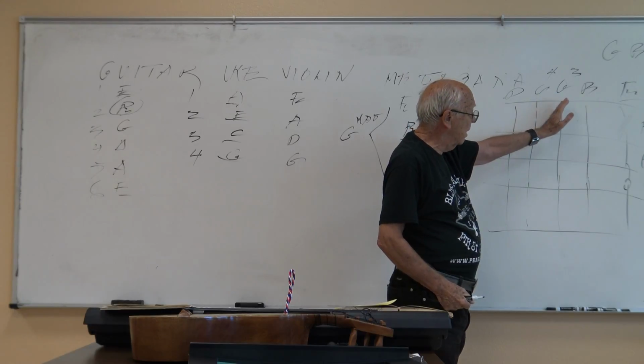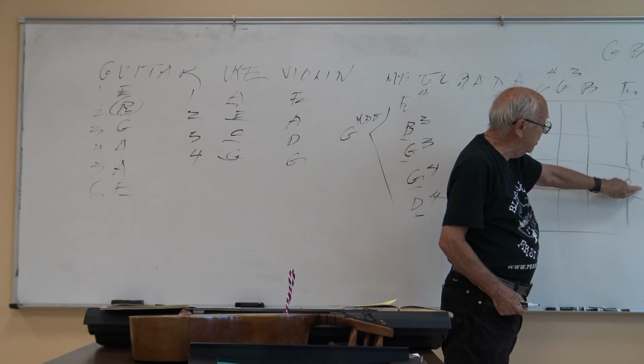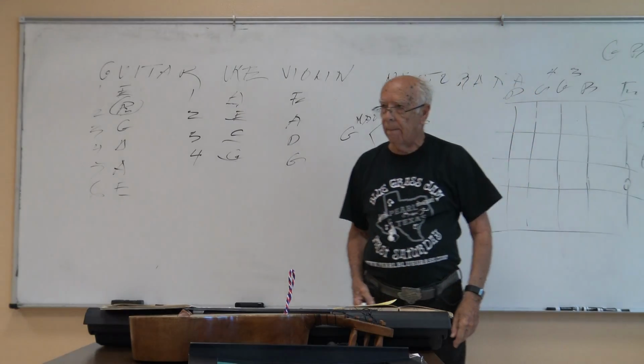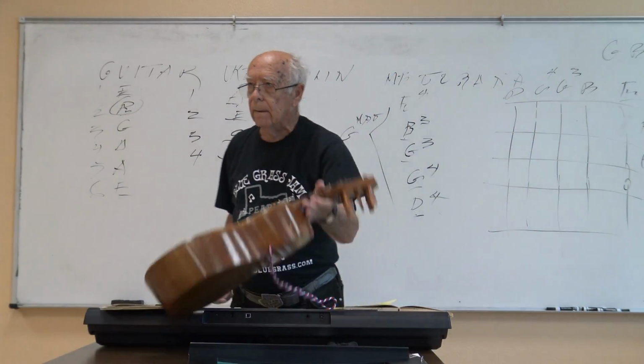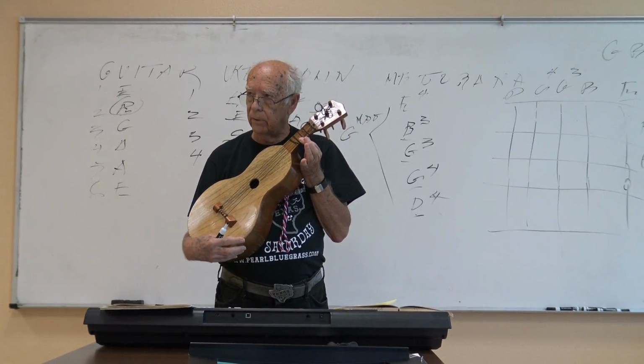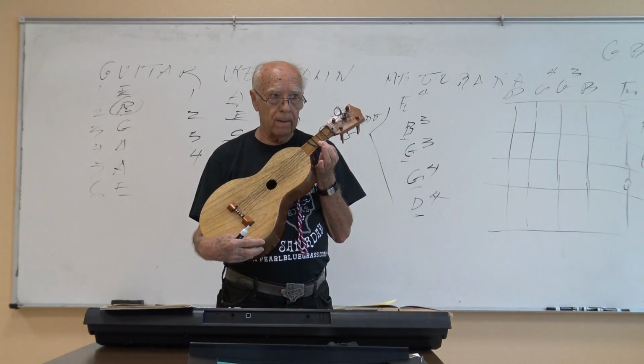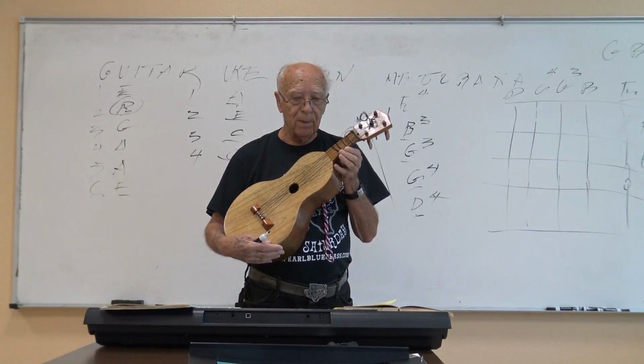A G, a G, a B, and we just turned the E into G. So now we have a G chord by pushing that. Same on the ukulele.